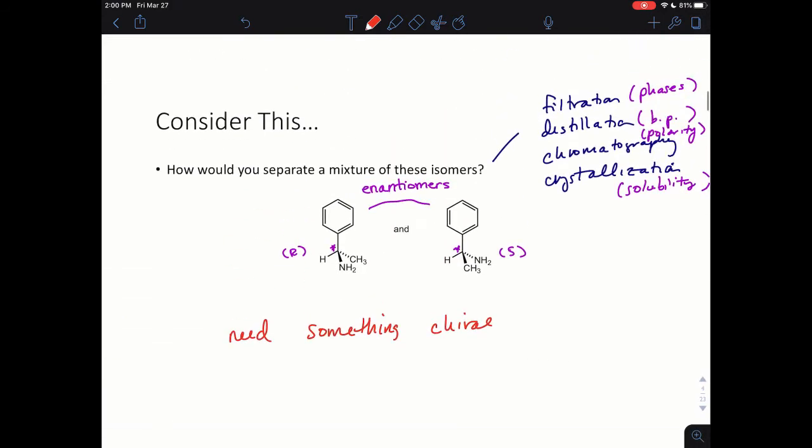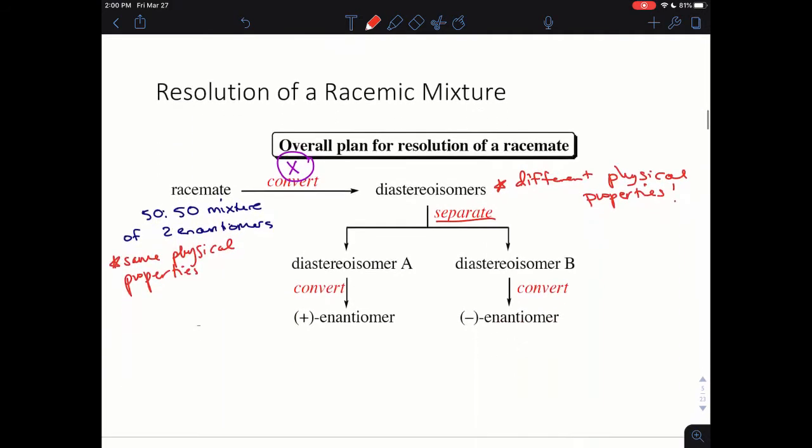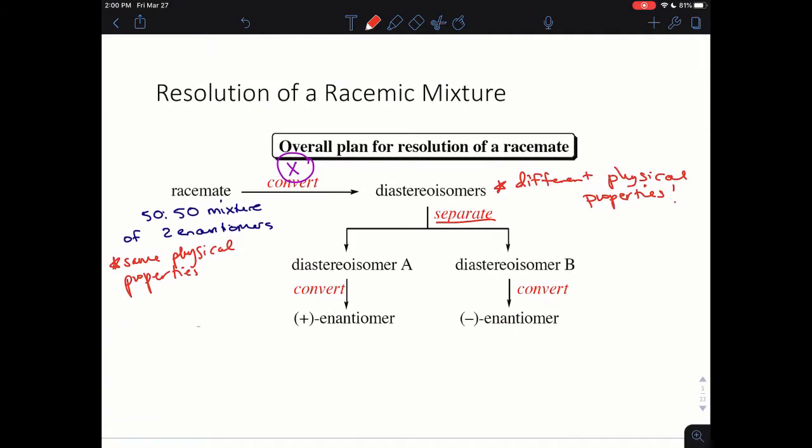And then we could separate the mixture by one of these techniques that I've listed here. And then once you had the two diastereomers, you could somehow magically remove them from X, separate them back, and get the two enantiomers. I actually haven't mentioned plus and minus to you yet. I'll explain that in a little bit. But those are just the two enantiomers. So you can pretend it says R and S.